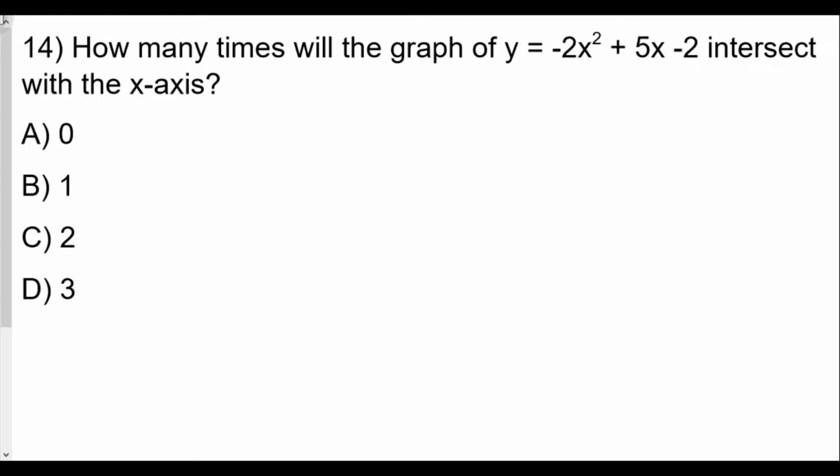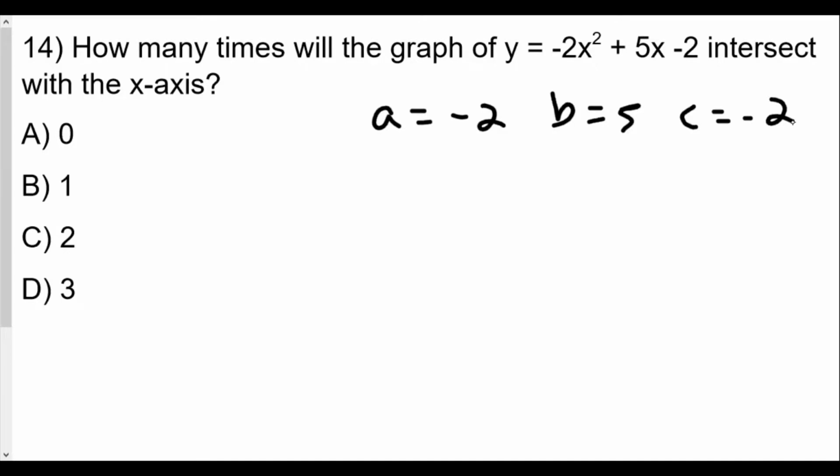How many times will the graph of y equals -2x squared plus 5x minus 2 intersect the x-axis? So in this situation, again, we use our discriminant, okay? And so our a value here is -2, our b value is 5, and our c value is -2.